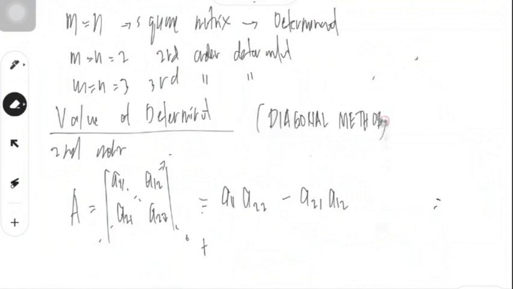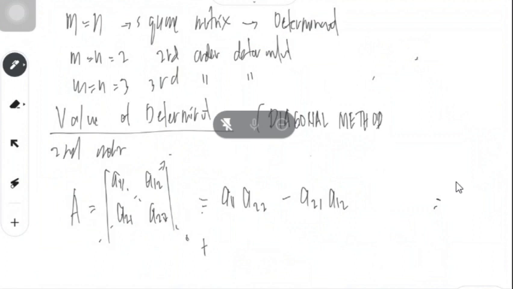Ganito yon. The diagonal method is only applicable for a second and third order determinant. Higher order determinant can be evaluated using other method, no? So tama si Julia na hindi applicable.